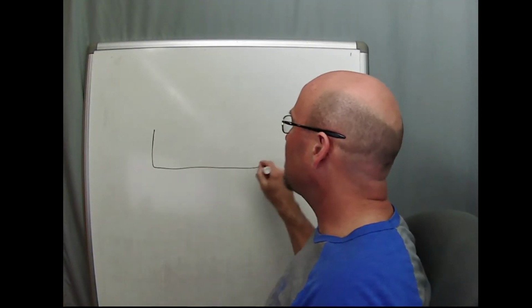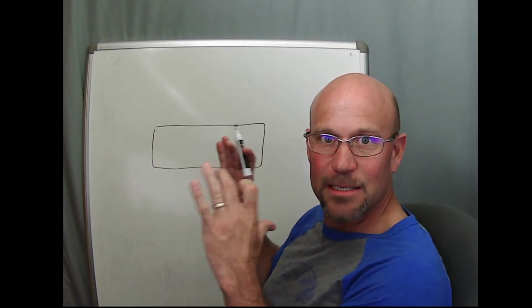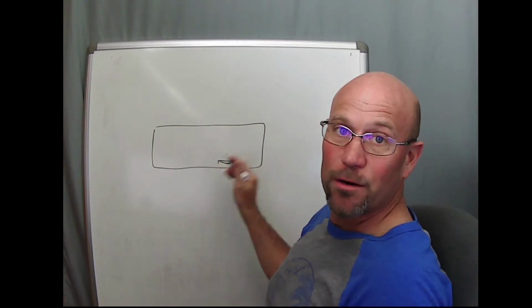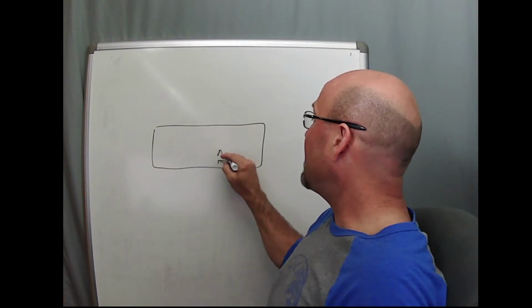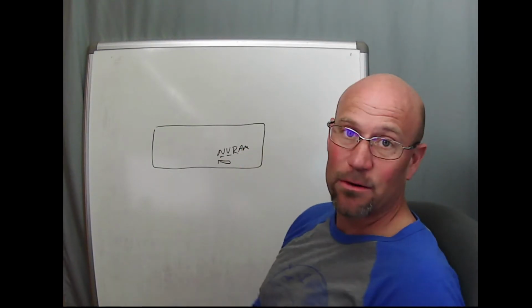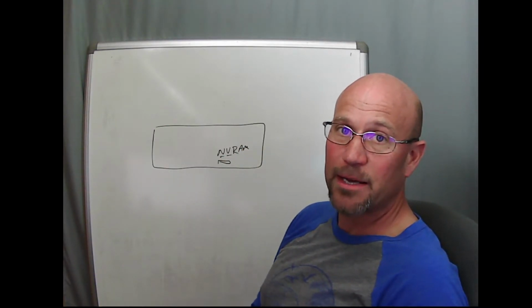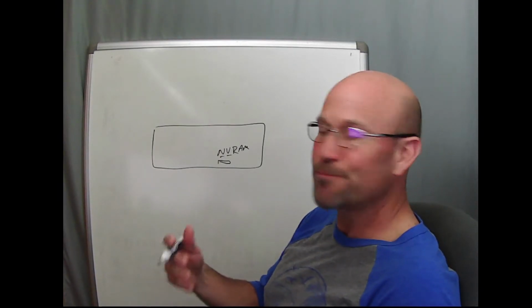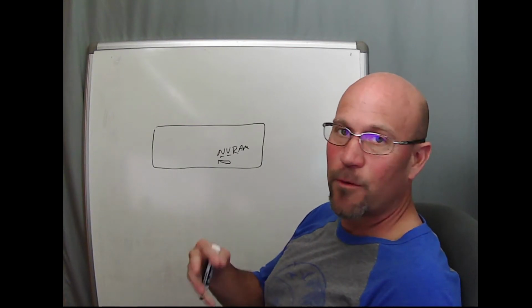Here's the router, the piece of hardware. That's the router itself, okay? There's a memory chip in here somewhere, and we're going to call it NV random access memory. Non-volatile random access memory. Non-volatile means it doesn't change from one moment to the next.